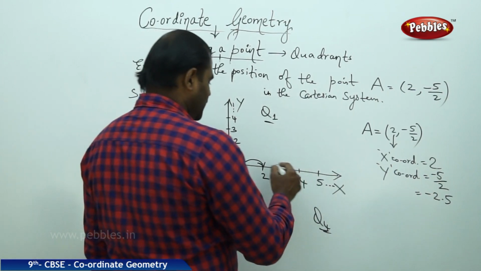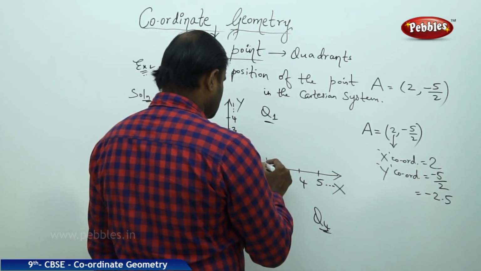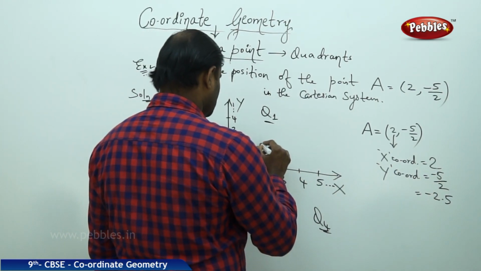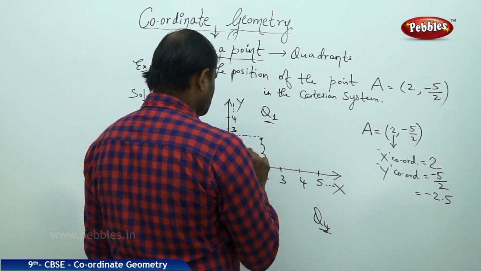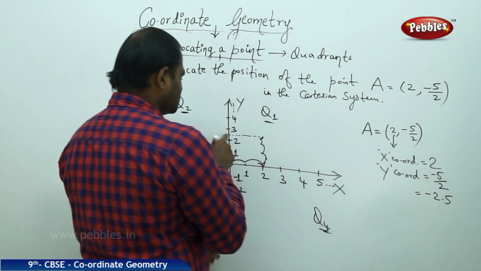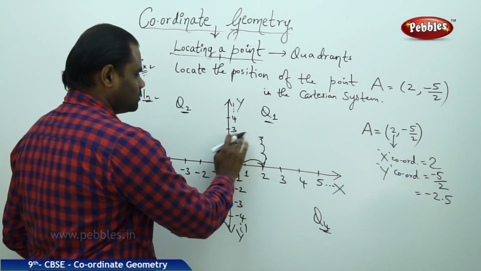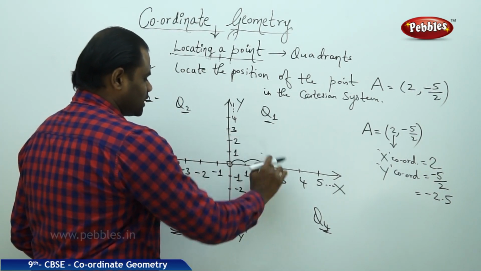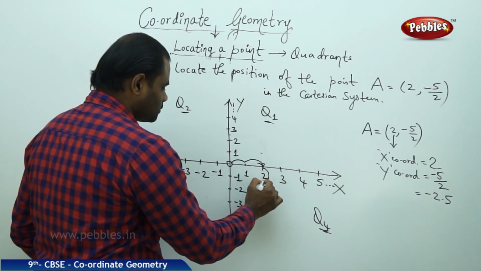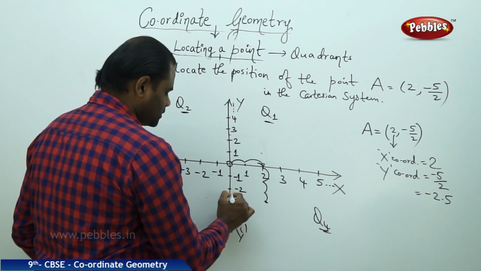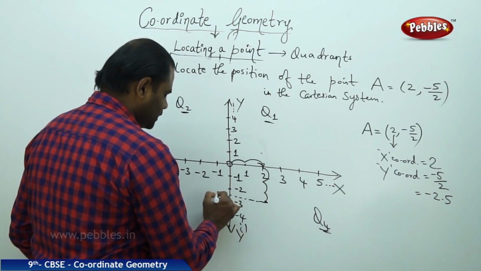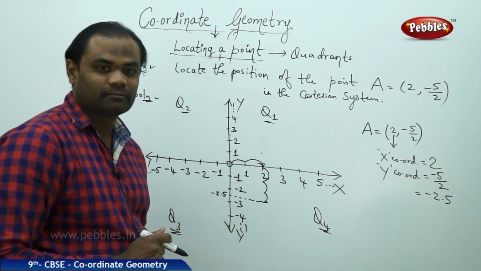So here I have this point which moves 1, 2, 2.5. Oh, this would be downward. So I move 1, 2, 2.5, exactly at negative 2.5.